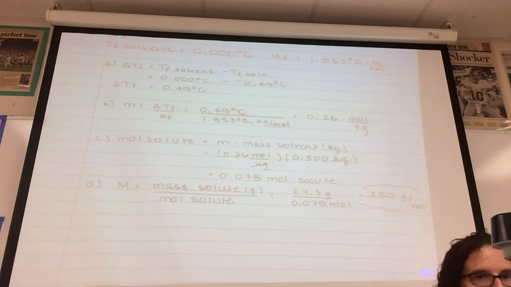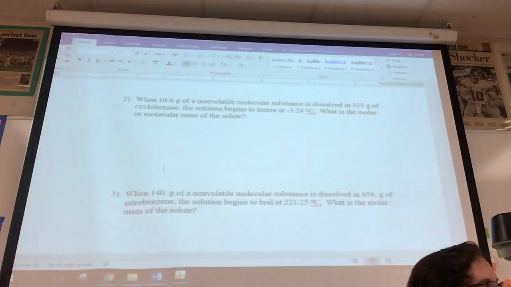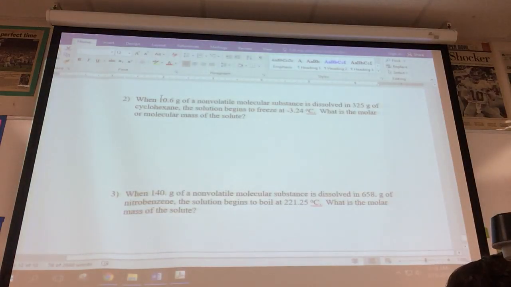Let's do another one. You'll walk me through more than I walk you through on this one. Ready? The next problem says, when 10.6 grams of a non-volatile molecular substance, that's the mass of what?